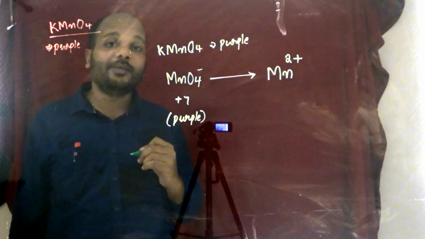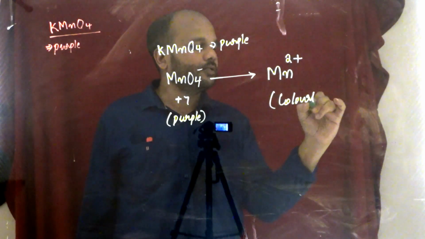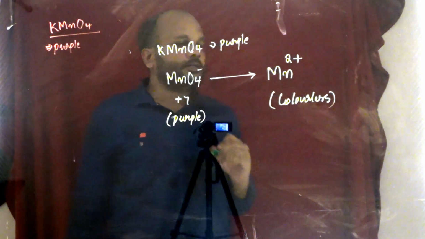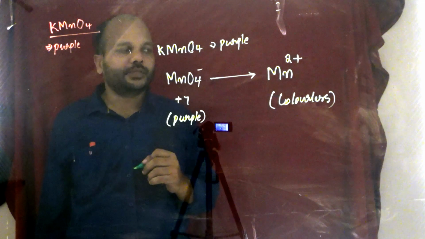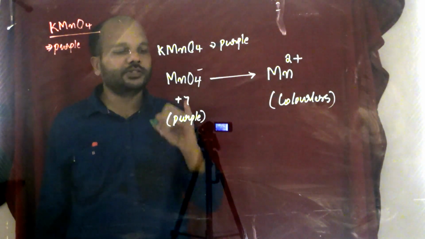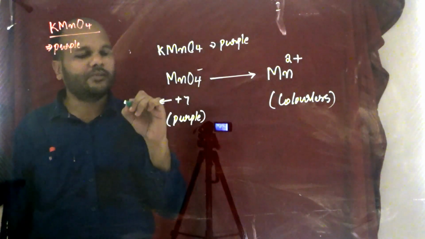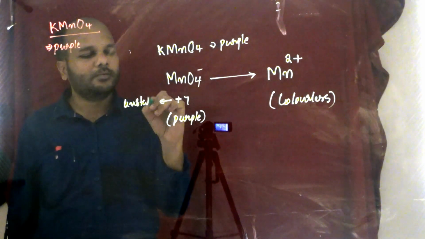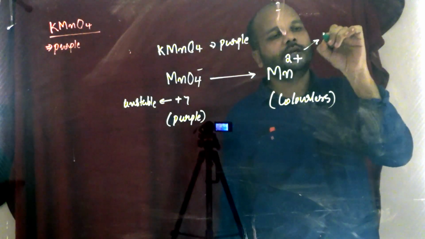But when it is in the Mn2 plus form, it's colorless. The Mn2 plus form is the more stable form. This +7 state is in fact unstable, and the +2 oxidation state is the stable form.